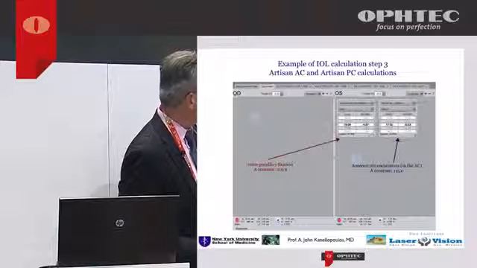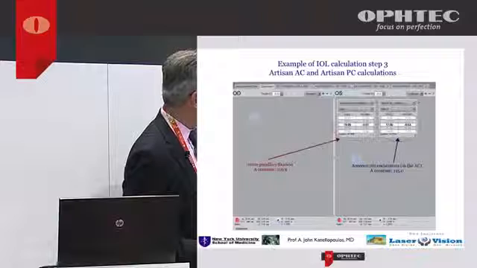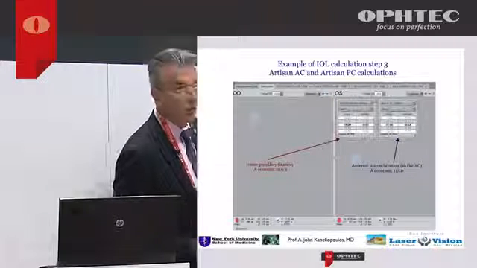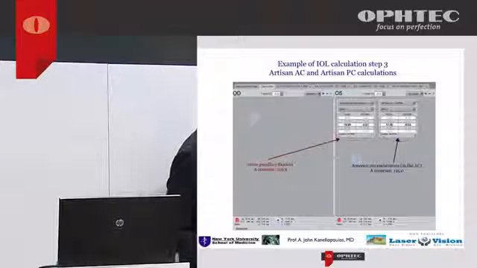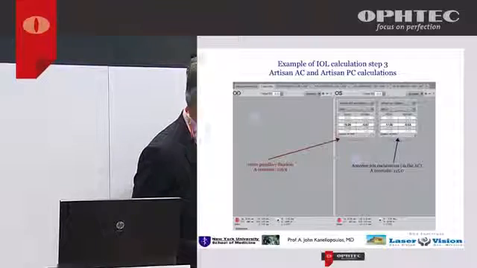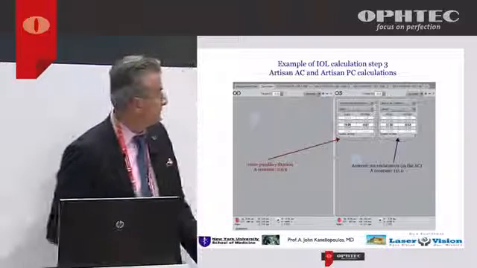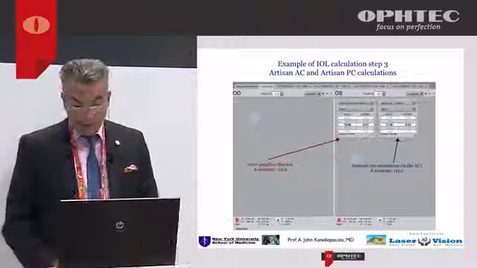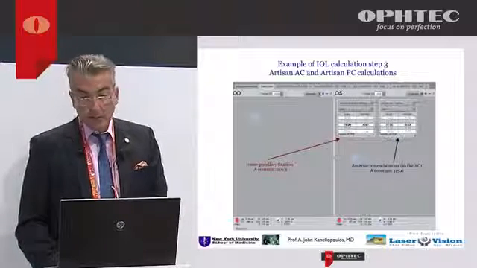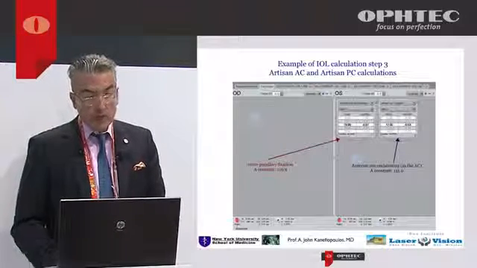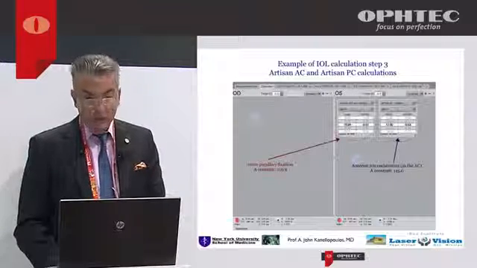The A constant for retropupillary is 116.9, so almost 117, and for anterior iris enclavation, 115. That's basically the pearl. If you do this manually, it's very easy to do the calculations.